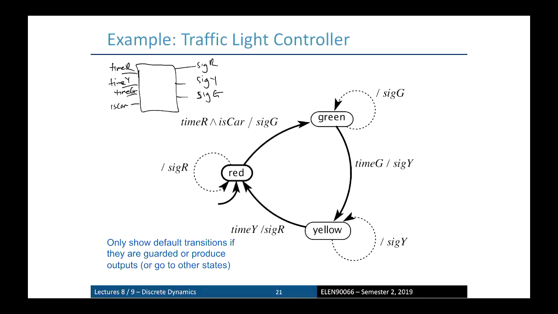So what we typically do is we only show these loopbacks, these default transitions, if they're guarded in any way, so there's some restriction in holding it there in some sense, or that they produce outputs. So in other words, here we are actually, via that default transition, even though it's unguarded, always holding sig_r as being present, so telling the lights to basically be red.